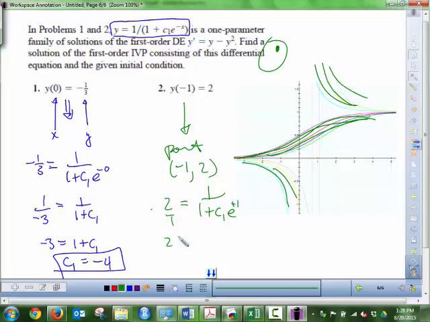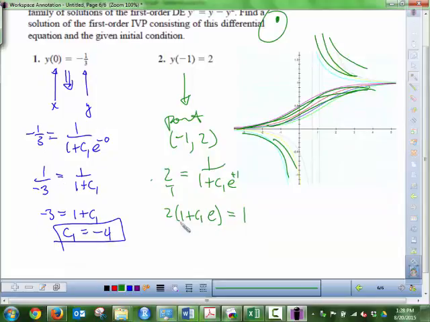We got 2 times 1 plus c1 e to the first power is equal to 1. Distribute: 2 plus 2c1e is equal to 1. What am I solving for? I'm solving for c1. So I need to subtract 2 and then solve for c1. So c1 is equal to negative 1 over 2e.